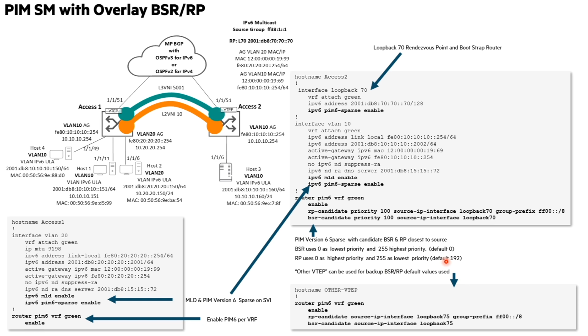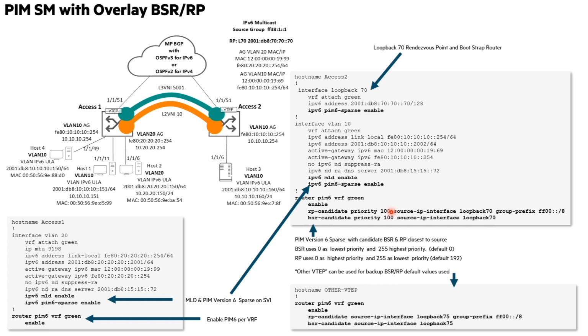So I've forced both priorities to be 100 for the BSR and for the RP. So this will effectively force this to be both the BSR and the RP if there were any defaults in place.